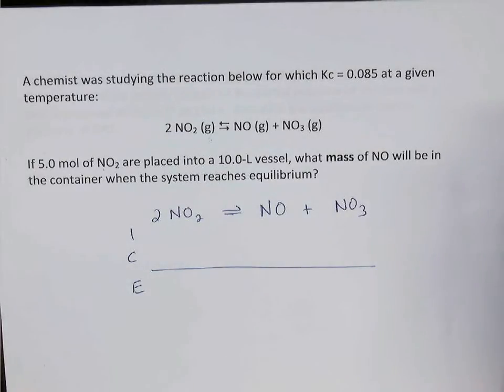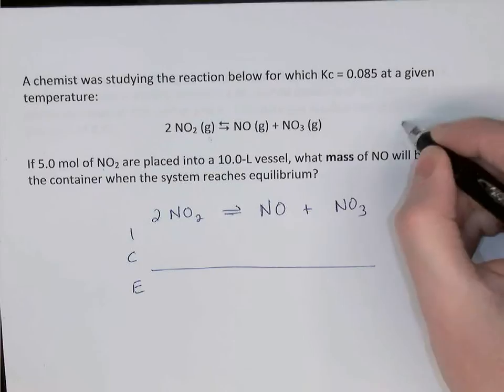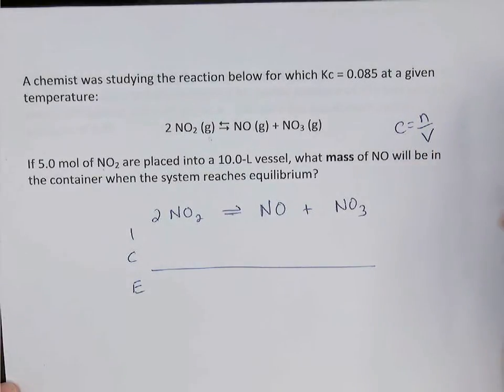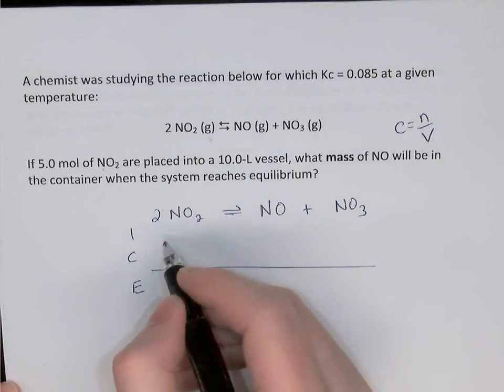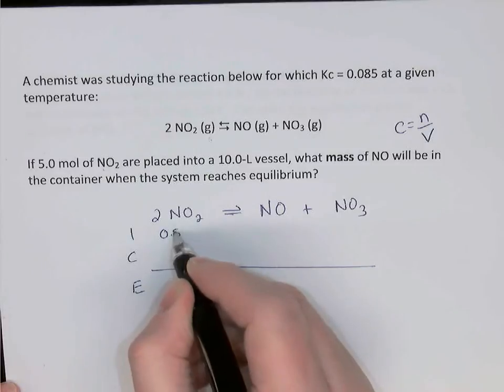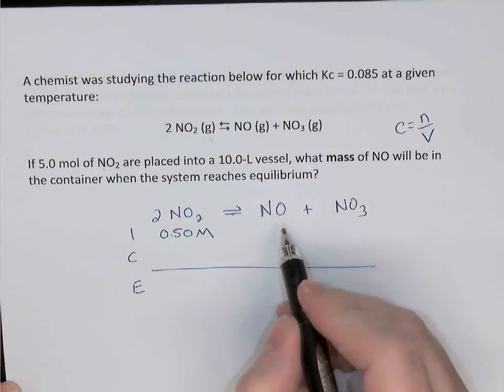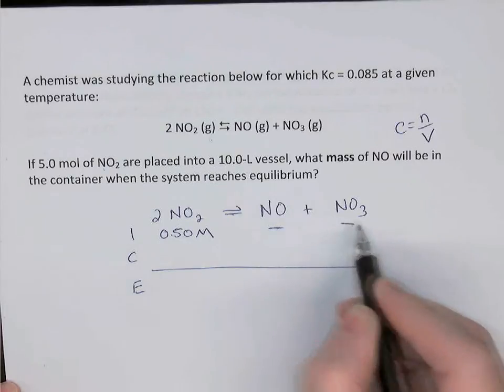The C equals n over V is going to be helpful here. 5 moles in a 10-liter vessel, 5 divided by 10 means the initial NO2 concentration is 0.50 molar. It was the only thing placed in the vessel, so the NO and the NO3 start off at 0.